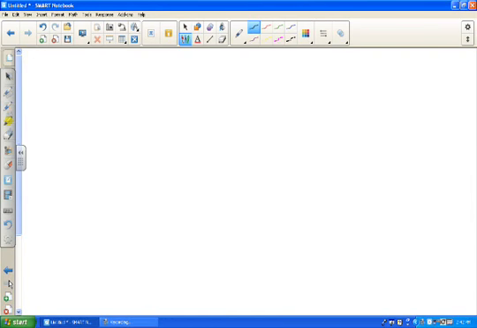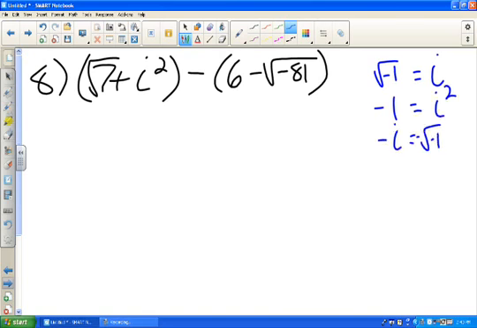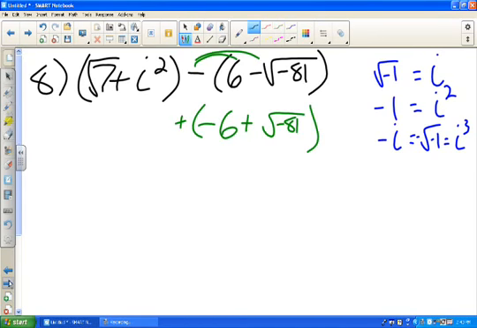Here's another example for problem number 8. Basically it's the same as before, remembering the properties of i: square root of -1 is i, -1 equals i squared, and this time we'll think of -i being equal to i cubed.